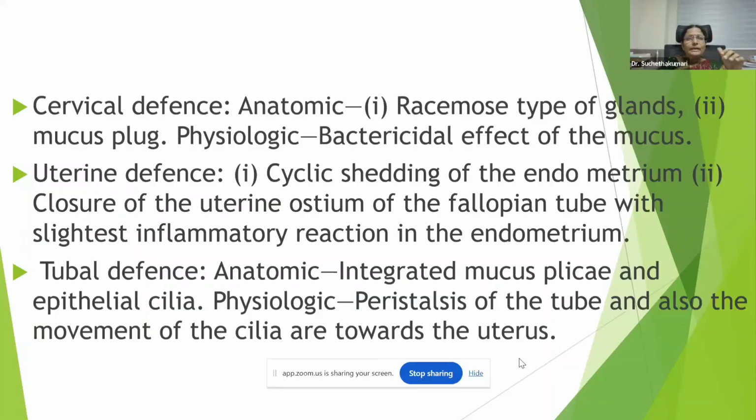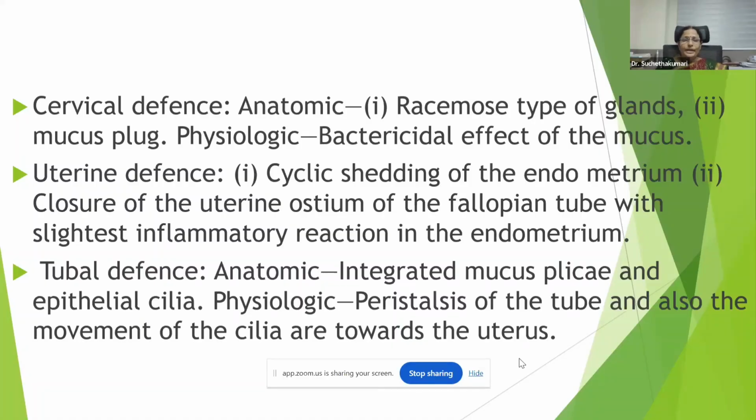The plug is usually thick in the second half of the cycle, whereas in the first half the mucus will be watery. Next, the physiological defense is because of the bactericidal effect of the mucus.